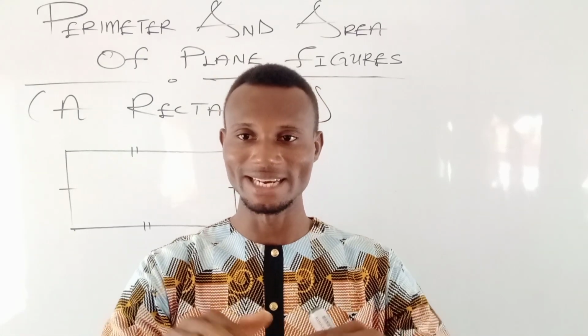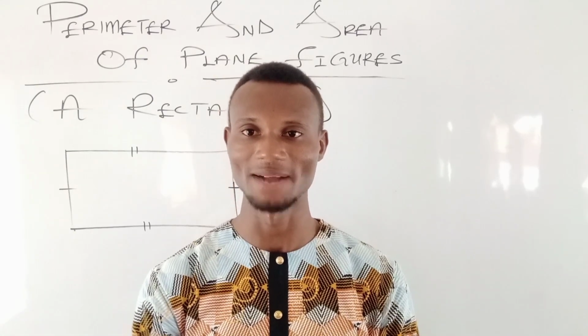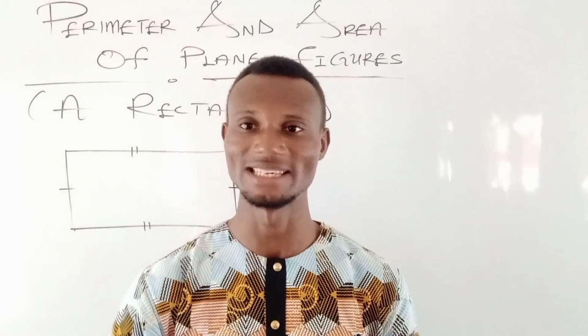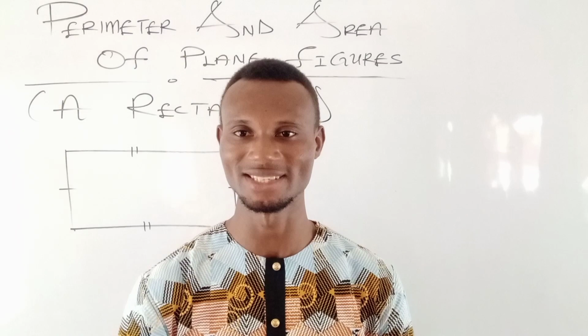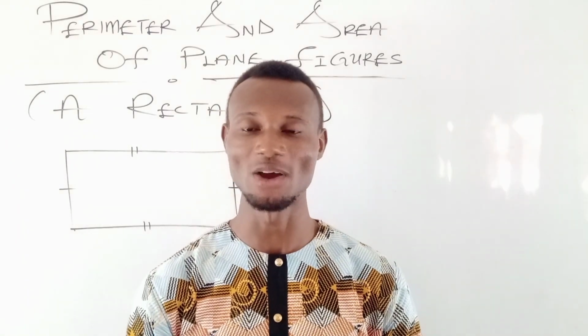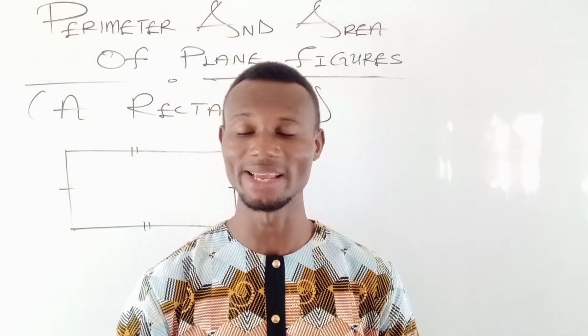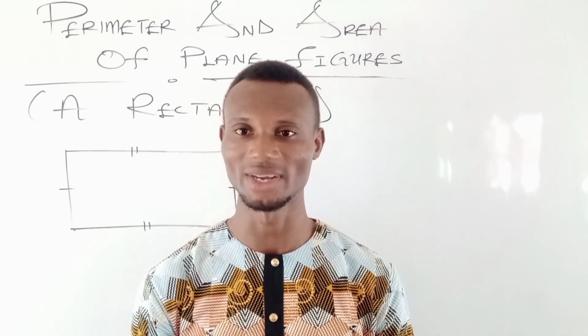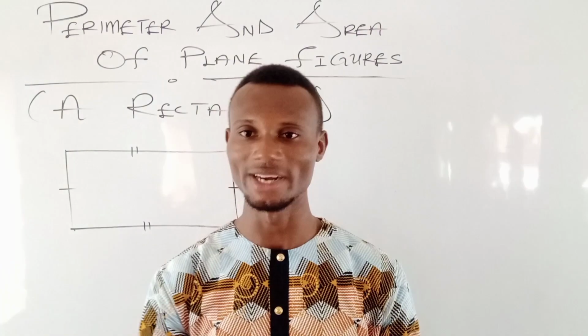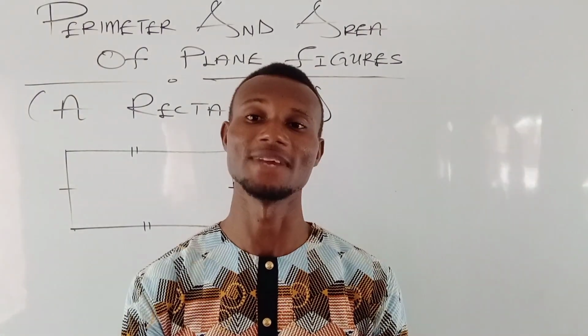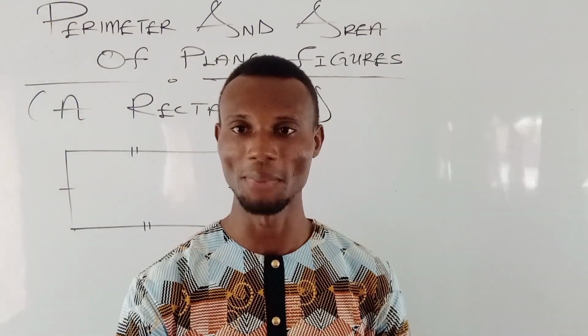When we add the distance around a plane figure, that is what we refer to as the perimeter. Let me reiterate it one more time. The perimeter of any plane figure is simply the distance around it, the summation of all the distance around that plane figure. That is the perimeter.